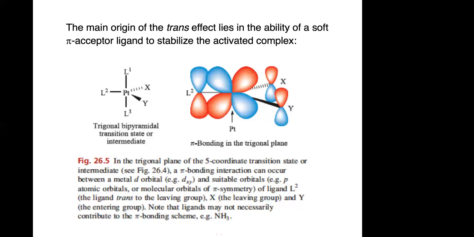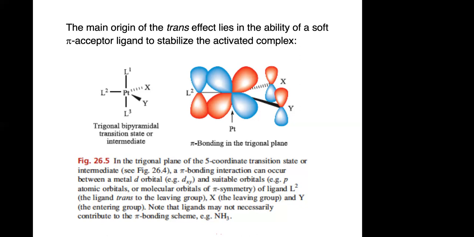They could be pi donors. In some cases, they're ammonia, for example, or methyl, and they would be mostly sigma only. But in this geometry, that pi acceptor can really grab the majority of this dxz orbital's attention and form a strong pi bond that stabilizes the complex.